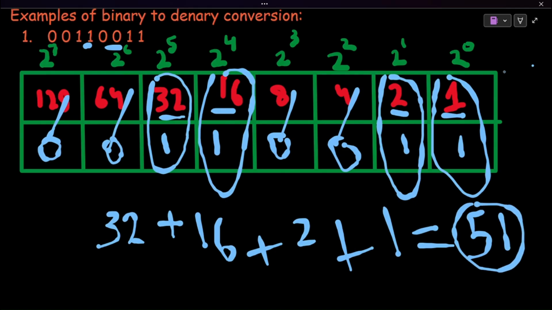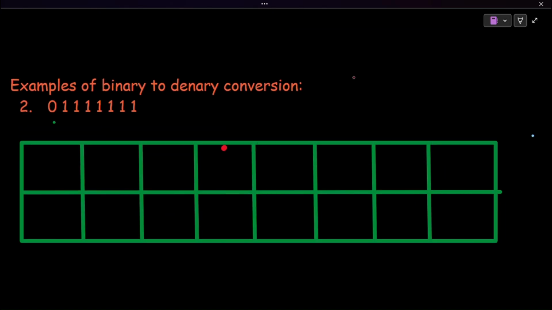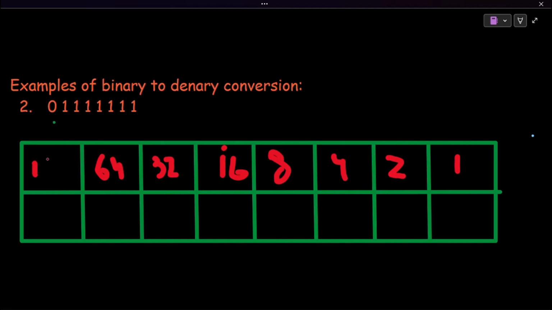Let's do another one. Let's go through another example. Okay, so what was the first step? To write down the powers of 2 from right to left, which is 1, 2, 4, 8, 16, 32, 64 and 128.